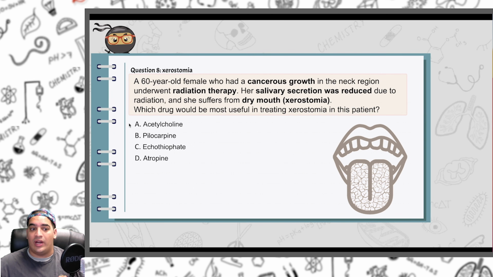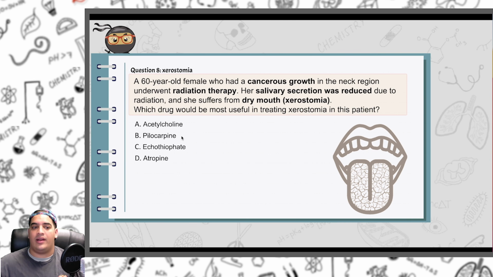Acetylcholine would be a good answer, but we just don't use this drug ever. And then it comes down to pilocarpine and ecothiopate. Do you remember what ecothiopate was? Ecothiopate is actually going to be one of those irreversible acetylcholinesterase inhibitors. We do not want to use this. It's going to have some nasty side effects. And so we try to never use this drug, and therefore the last one that would be remaining is pilocarpine.